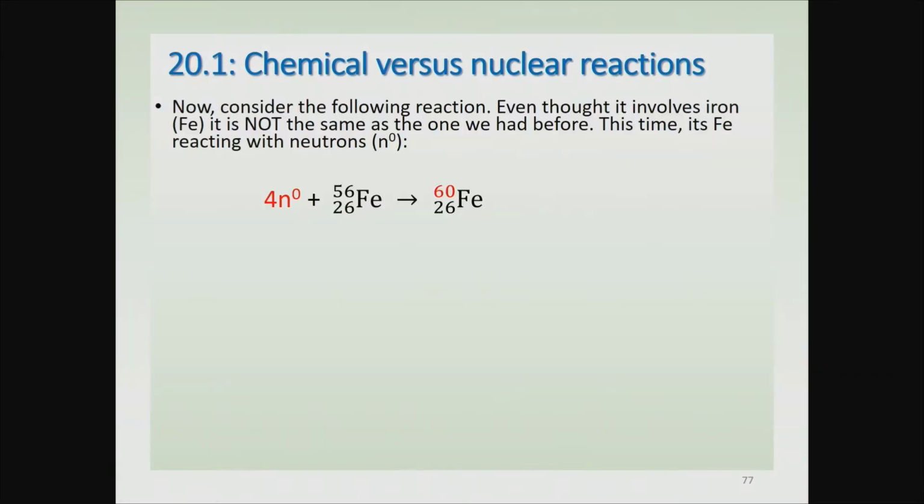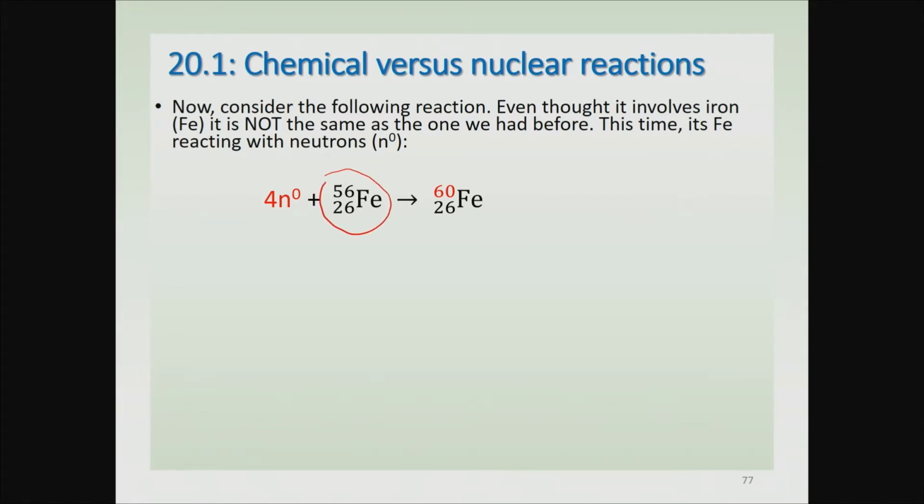Okay, so I just described an example of a chemical reaction. Now I want to give you an example of a nuclear reaction. Let's take the iron atoms that we had before. All iron atoms have 26 protons, so they have an atomic number of 26.